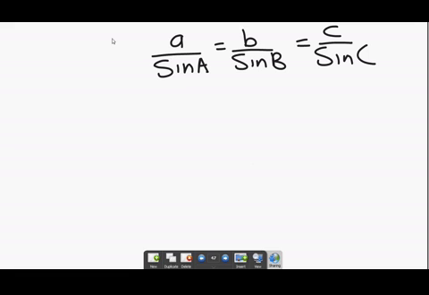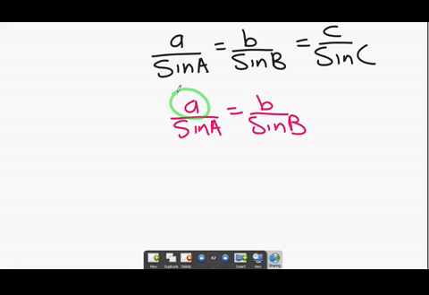Usually you don't take the whole formula, you probably take only a over sine A is equal to b over sine capital B. Now, for me to find, let's say, a, it means that I need to at least have the angle for A, the angle for B and the side for B. So now these three things are supposed to be inside your triangle.